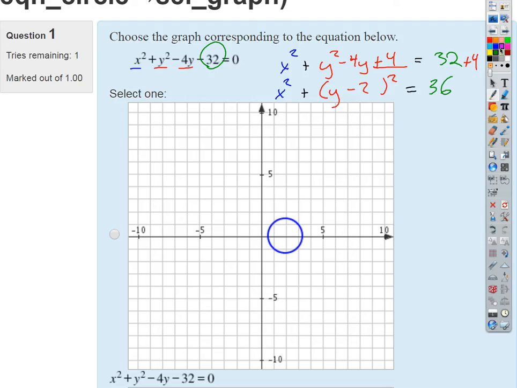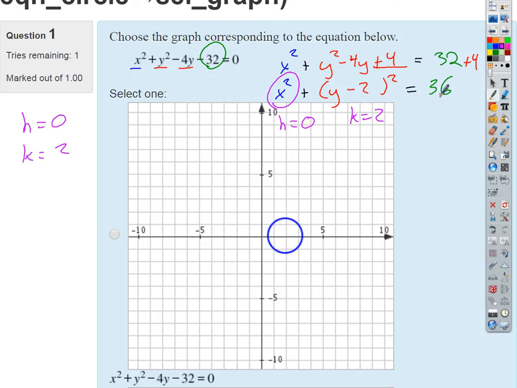So what's that tell me? Well, this term tells me that h is 0. Nothing is being subtracted from x. This factor here tells me that k is 2, because that's the number being subtracted from y.